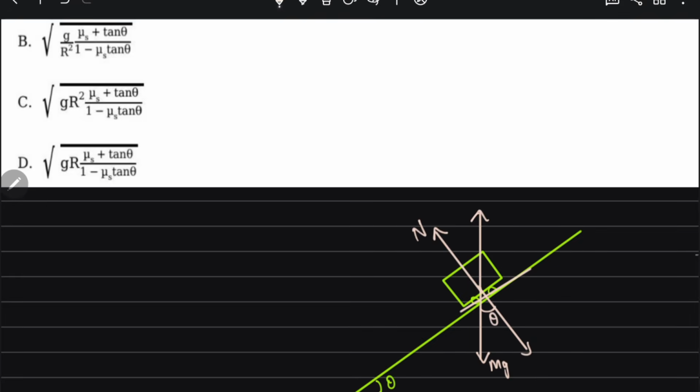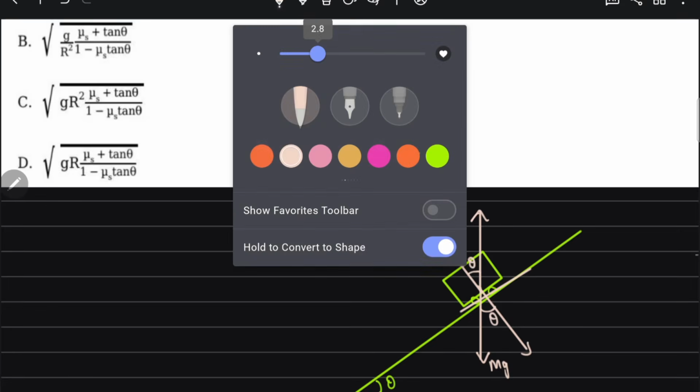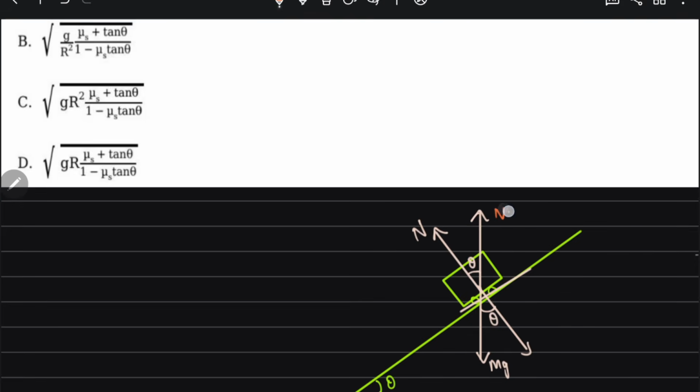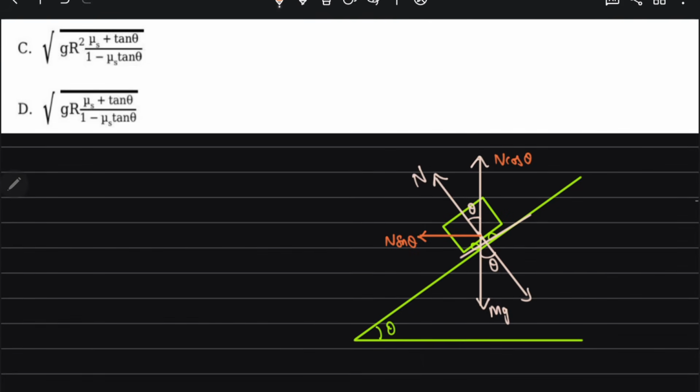If I resolve this component, this is N cos theta and this is N sin theta. One more thing: here you see the centrifugal force acting away, and that is mv square by r.